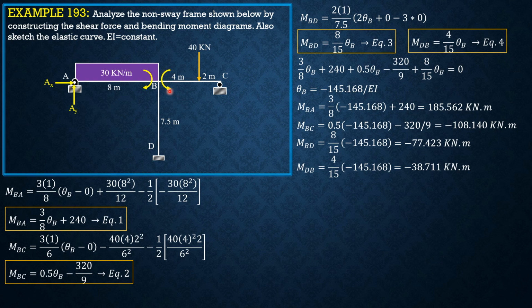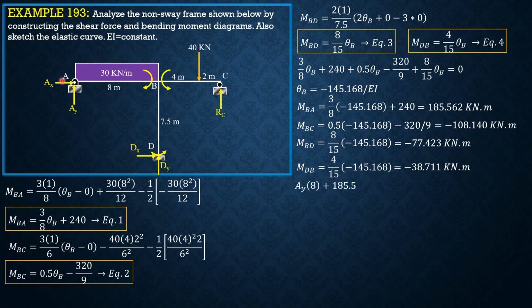But remember, counterclockwise rotation is positive in the universal sign convention. Then MBD is negative, so it is counterclockwise also. In the figure, call that RC. Reactions at D: MDB is negative, so it is counterclockwise.